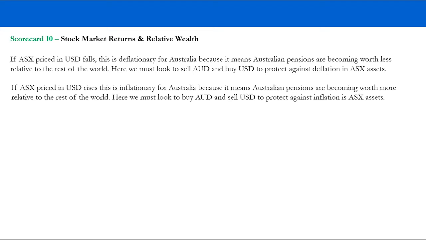If we see ASX priced in US dollars rising and we see a lot of confidence in the Aussie dollar, US dollar, then we have to buy it or have a long bias towards it to protect against the future inflation in ASX assets and in consumer inflation as well, and even business inflation. So it's a very important driver overall to our analysis.